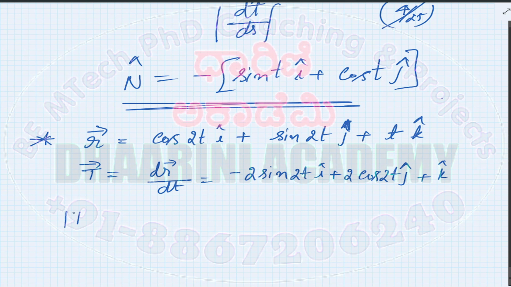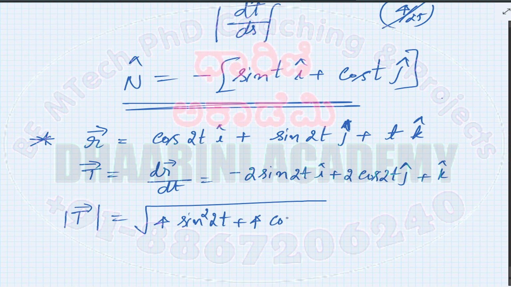Now I will calculate the magnitude of t here itself so that I can use the value at a later stage. So this is minus 2 sine 2t the whole square. Correct? So this is 4 into sine square 2t plus this is 2 square, once again 4 into cos square of 2t plus there is 1 here, 1 square remains 1.